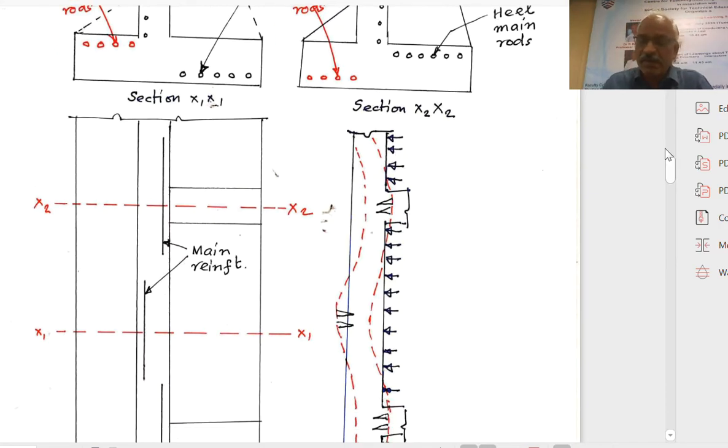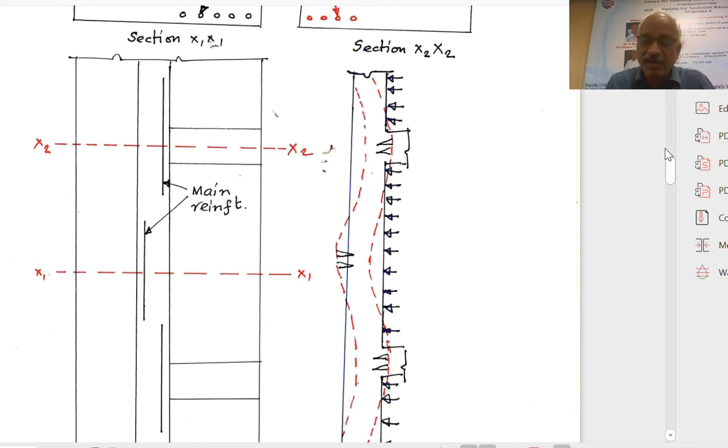Here we have the plan on the right hand side. We know that between the counterforts, the pressure is acting from left to right.